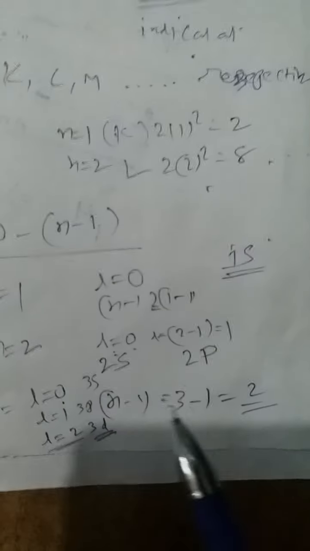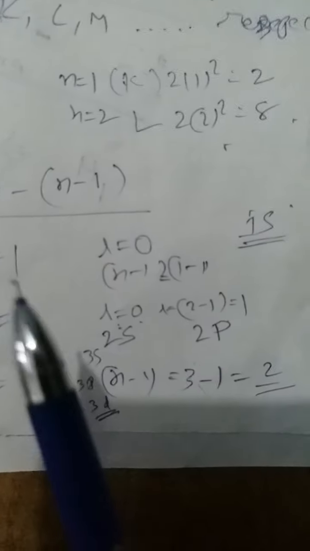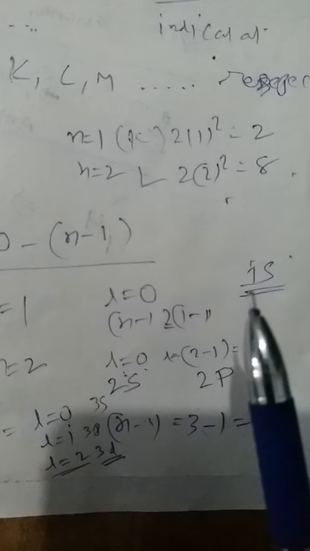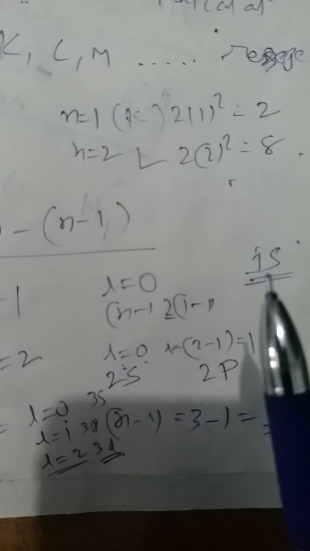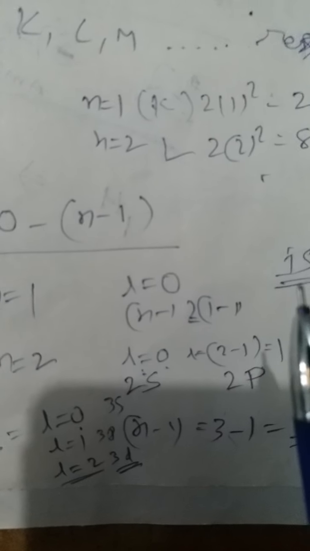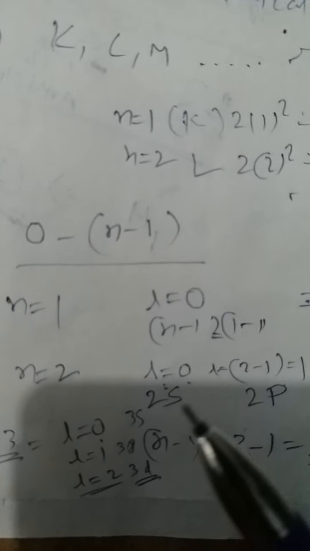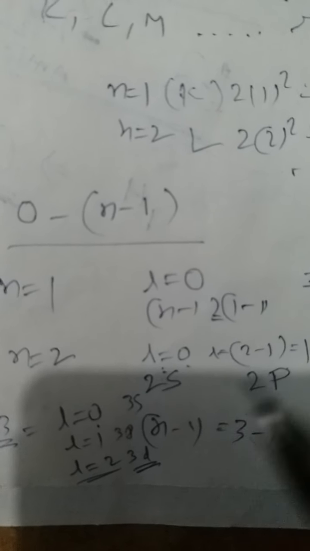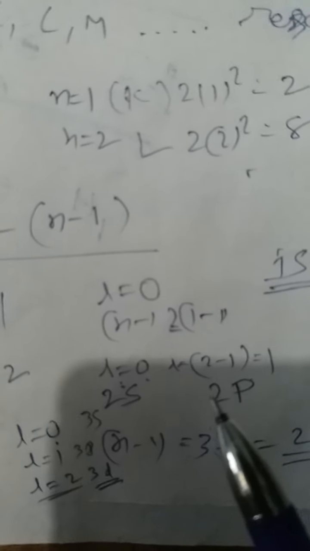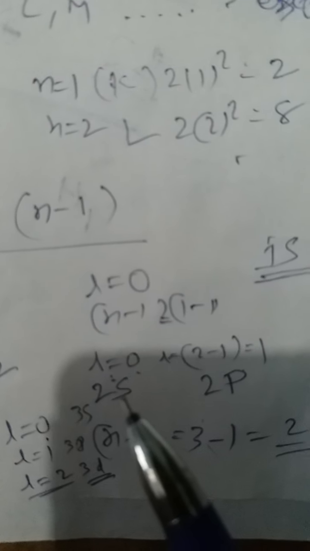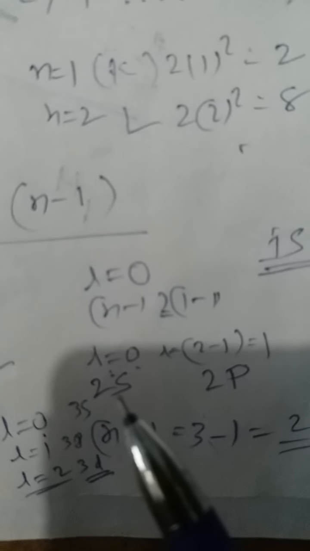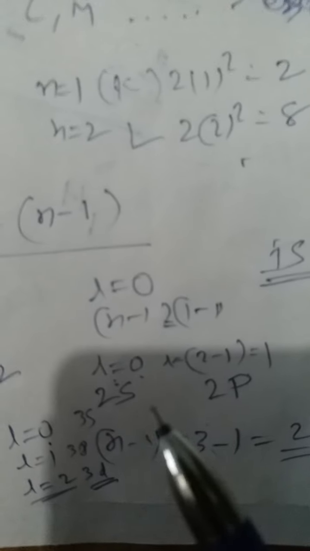For example, n equal to 1 has only one substationary state, that is 1s. It has only one orbital, the 1s orbital. n equal to 2 has two substationary states: l equal to 0, the 2s substationary state, and l equal to 1, the 2p substationary state. According to the magnetic quantum number, each substationary state has degenerate orbitals.